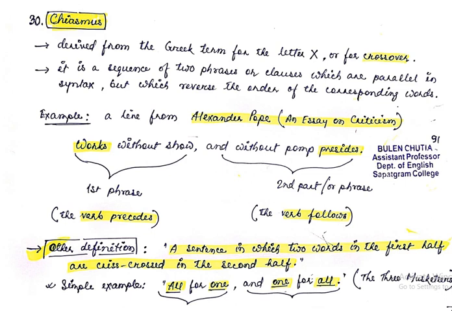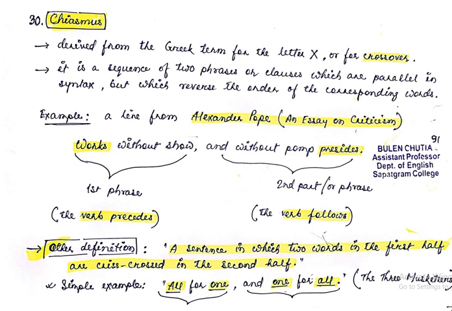Actually, chiasmus is a Greek term, derived from a Greek term which meant letter X or crossover. Try to remember that. It is a sequence of two phrases or clauses which are parallel in syntax, but which reverse the order of the corresponding words.